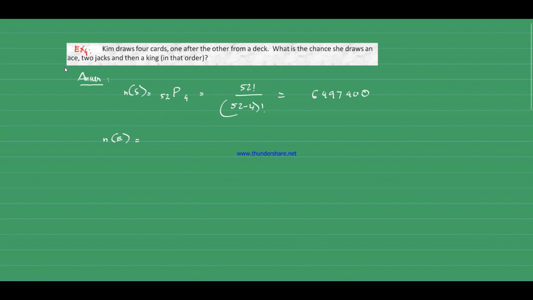There are 4 of them, right? 4 of them, and we pick only one. So in order, it will be 4P1. We have 2 Jacks, so we have 4P2, and we have 4P1 also. An Ace, 2 Jacks, and then a King.